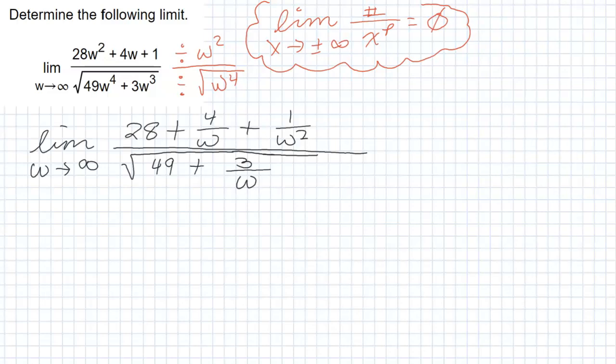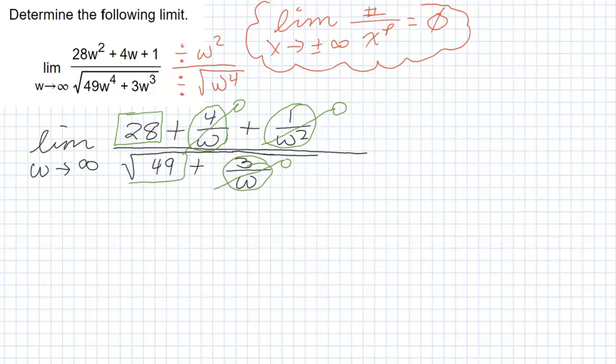So now let's go ahead and take the limit as w goes to infinity. What will happen when w goes to infinity? 28 stays 28. 4 divided by a big number is going to go to 0. 3 divided by a big number is going to go to 0.